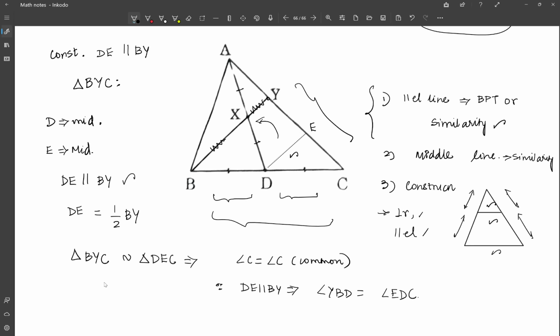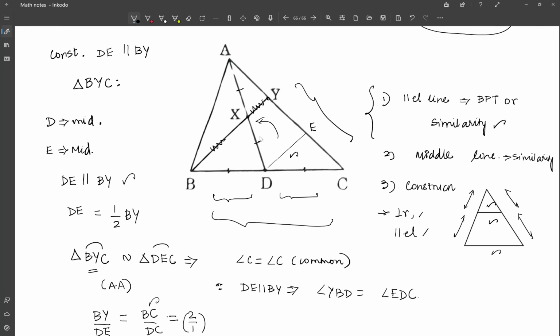So these two are similar by the AA similarity criterion. Now, after this, we can write the ratios. BY divided by DE is equal to BC divided by DC. So BY by DE is 2 is to 1, correct? Because BC and DC are also in the same ratio, 2 is to 1.